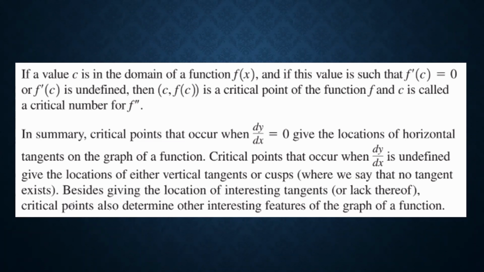Because the values of the derivative to the left and right hand side are way different. So besides giving the location of interesting tangents or lack thereof, critical points also determine other interesting features of the graph of a function.